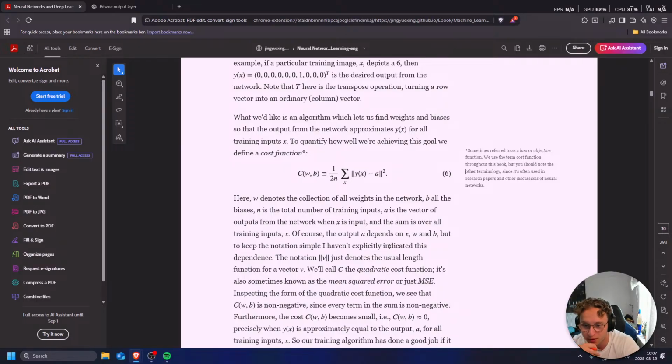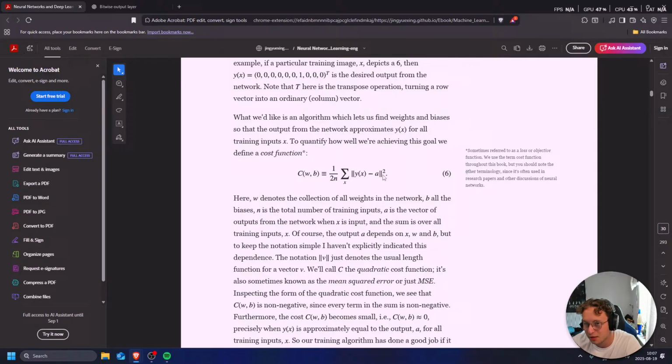Inspecting the form of the quadratic cost function, or the MSE, we see that it is non-negative, since every term in the sum is non-negative. Furthermore, the cost becomes small, almost zero, precisely when y of x is approximately equal to a for all training inputs x.